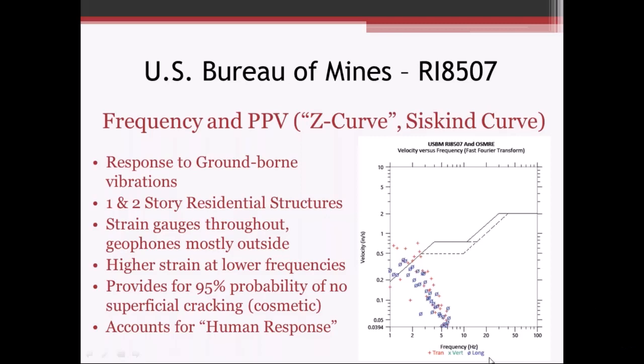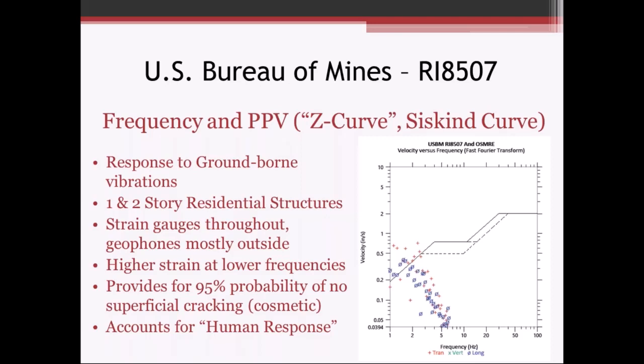We see longitudinal and transverse points on here, but we don't see a whole lot of those vertical points, again because it was moved in the horizontal direction. But you can see some of these definitely exceeded what would be considered this safe level, which is this stair step right here. Some people call this the Z curve. I've heard it called the Siskind curve because Siskind was one of the researchers for the U.S. Bureau of Mines.